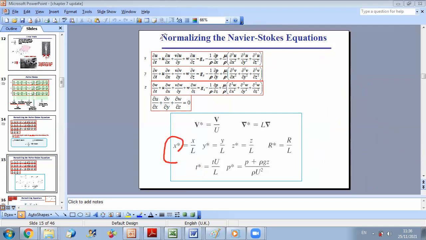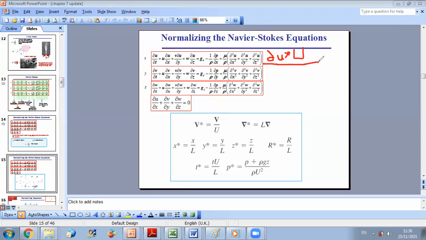For example, I will start with del U by del T. Instead of U, I will put U star times big U, because we defined U star as U over big U. So I'll get del of U star times U, over.